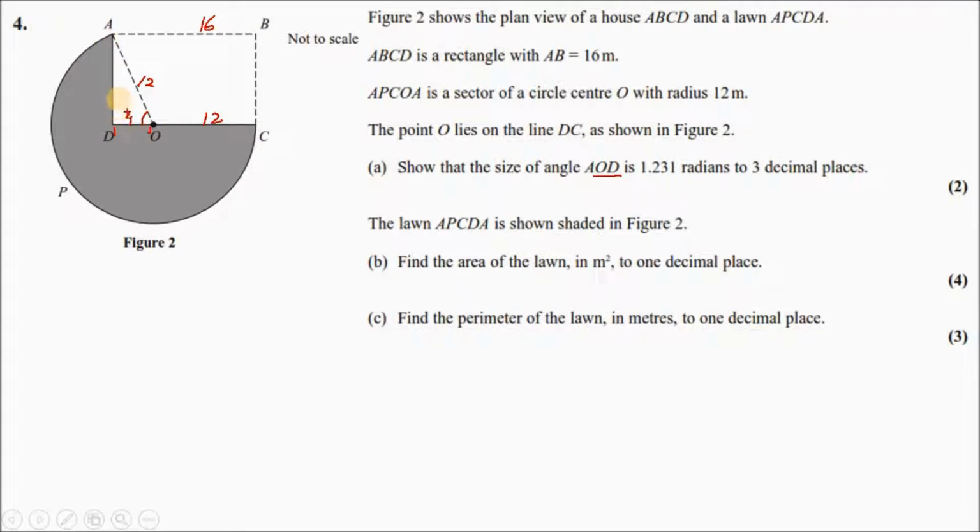And now you see we have a right triangle with 90 degrees. So this is your hypotenuse and this is your adjacent. So we can find this angle, suppose this small angle is theta, using cos. So cos theta is equal to adjacent over hypotenuse, which is 4 upon 12.